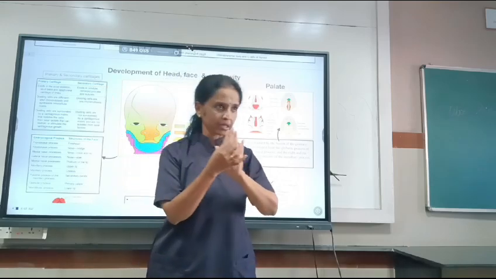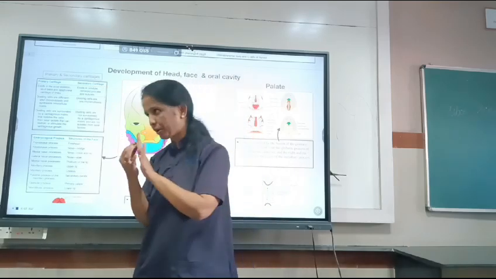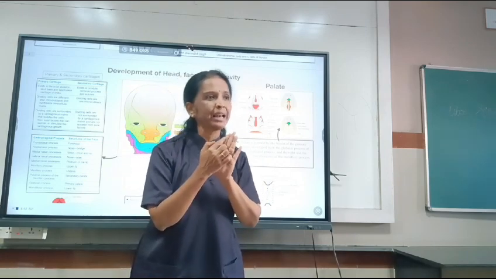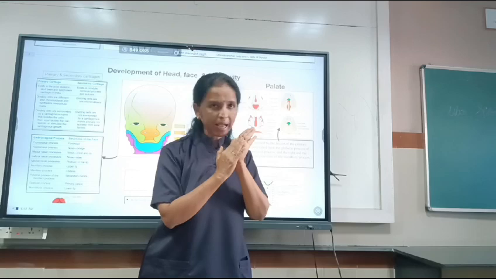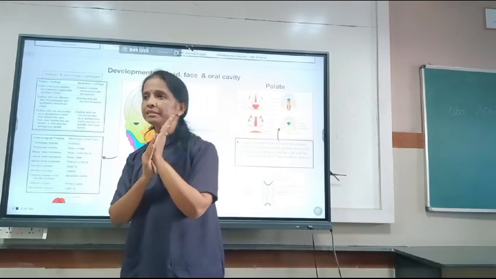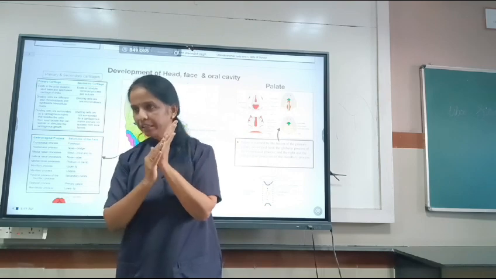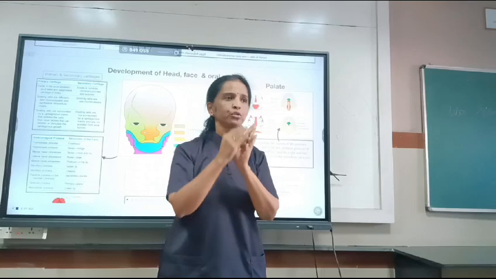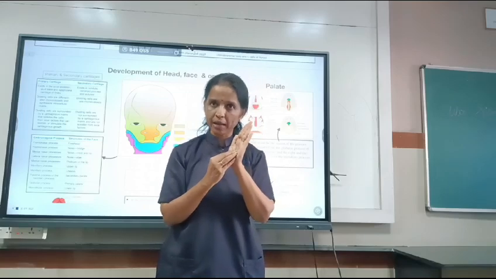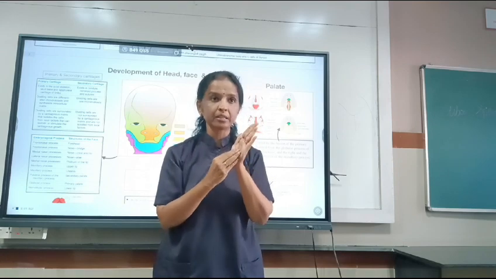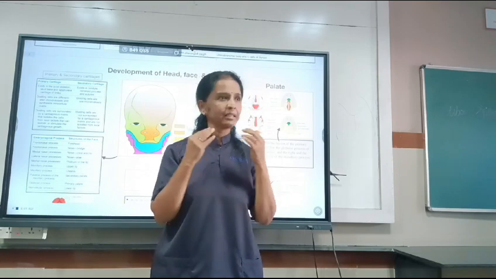The front part of the maxillary process will give rise to the upper lip and part of the palate also. The back side of the maxillary process will give rise to something called the secondary palate. The front part will give rise to the primary palate. Is that okay? So three things happen: upper lip, primary palate, secondary palate. Additionally, cheeks. Is that clear?